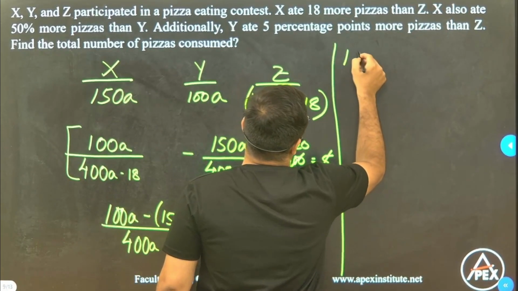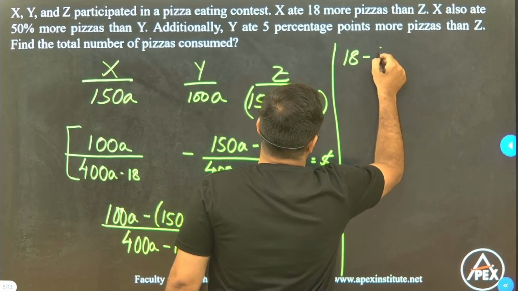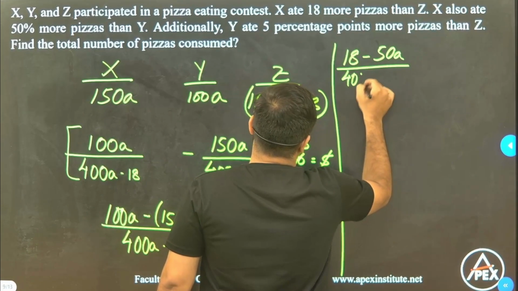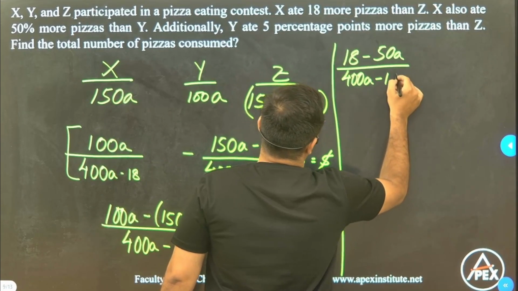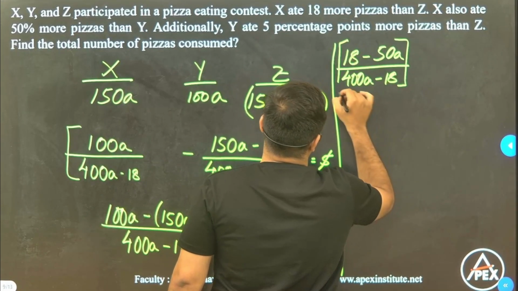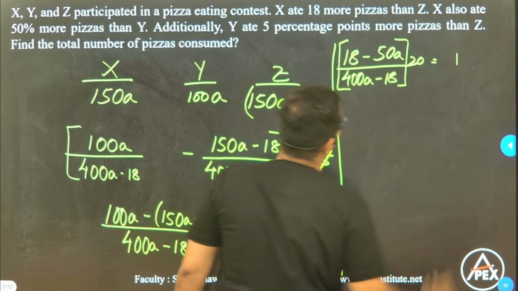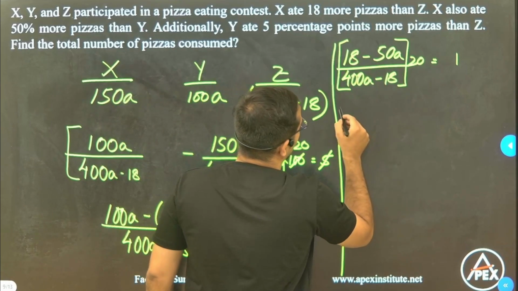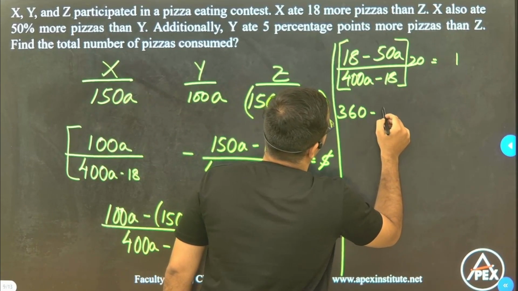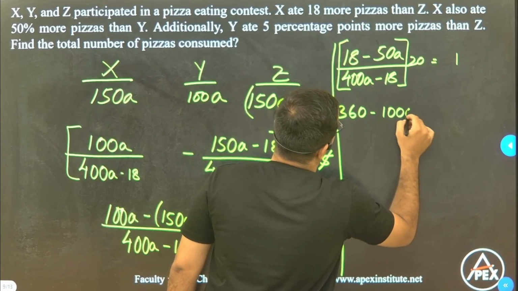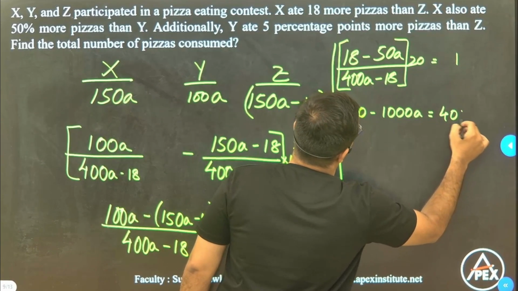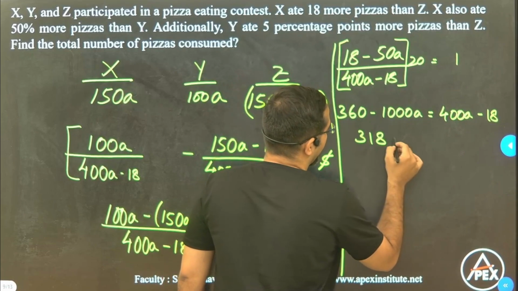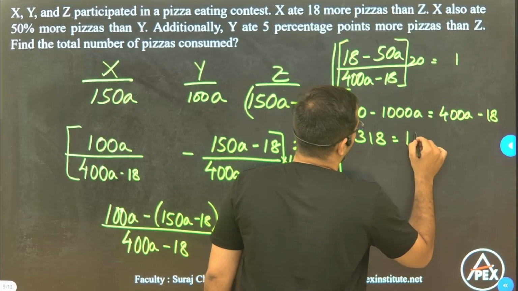So I have numerator called plus 18 minus 50A divided by 400A minus 18, this whole thing into 20 is equal to 1. बेस्ट थिंग है क्रॉस मल्टीप्लाई कर लेते हैं. तो जब ये मल्टीप्लाई होगा तो ये हो जाएगा 360 माइनस 1000A इज इक्वल टू 400A माइनस 18 या 318 इज इक्वल टू 1400.